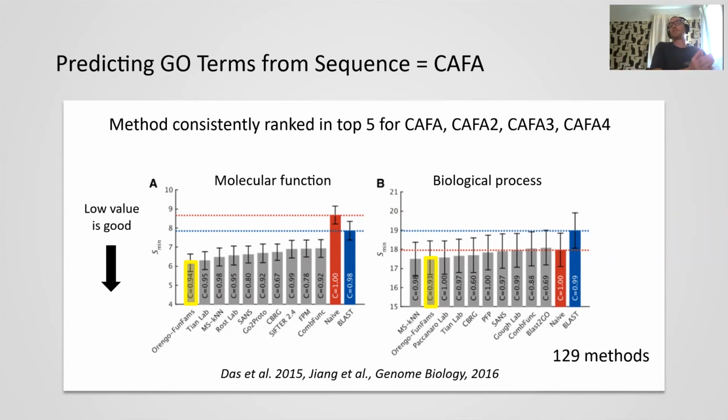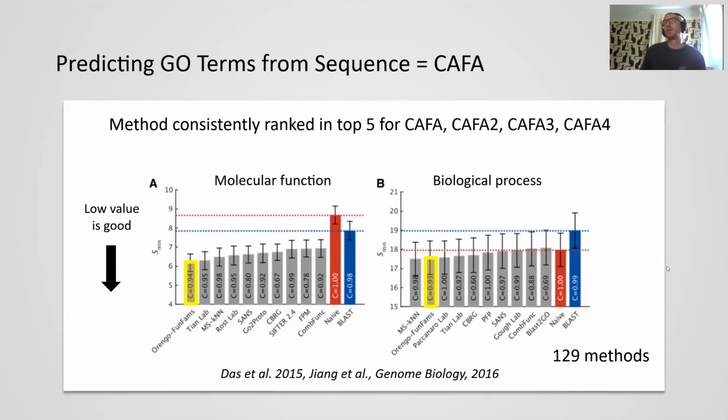After a certain amount of time, the organizers of CAFA will judge the predicted GO terms against the actual GO terms to see how close the predictions are. These charts that I'm showing here come from CAFA 3, and the low numbers show that the predictions are good, and the Orengo funfams have been consistently ranked top 5, top 3, top 1 for both molecular function and biological process in all of the CAFAs, including the most recent one.